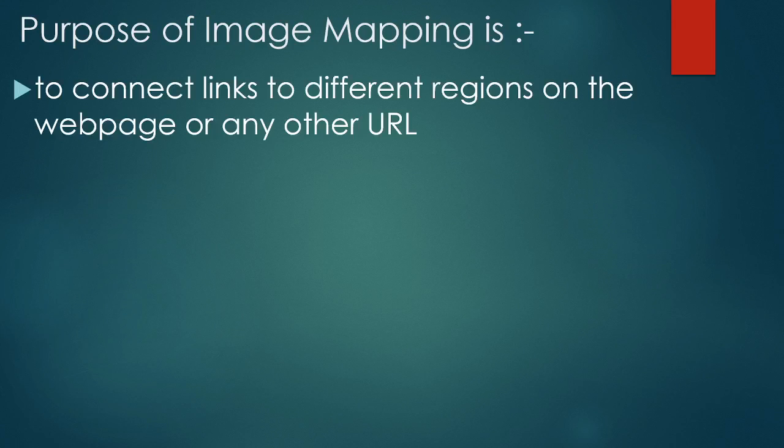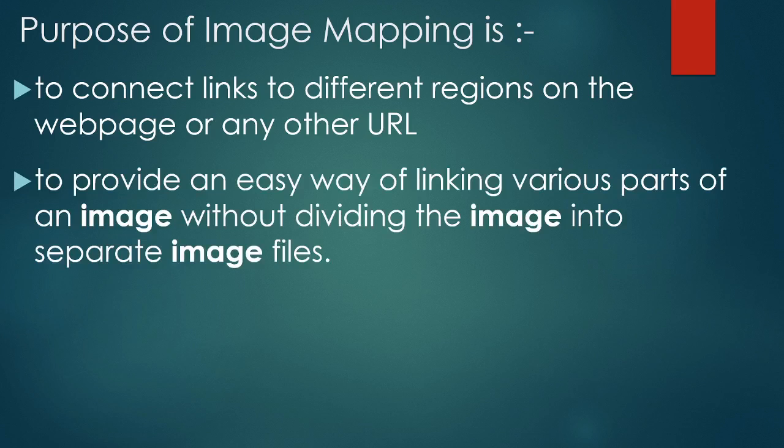The basic purpose of image mapping is to connect links to different regions on the web page or any other URL. Secondly, it is also used to provide an easy way of linking. Instead of linking on some text, if such regions are given on a website, then it is quite interesting, and again I say that it is just to beautify your website.